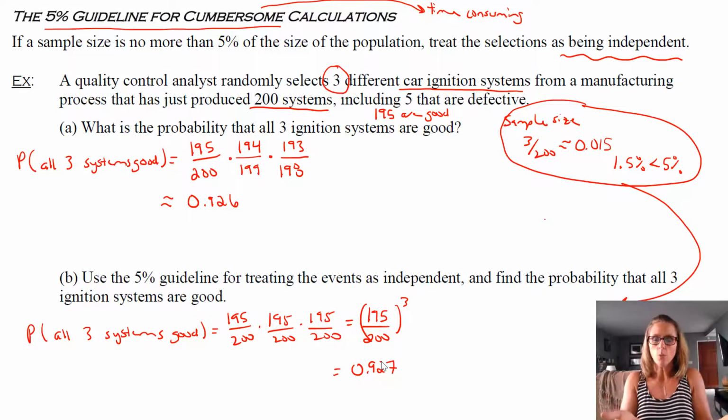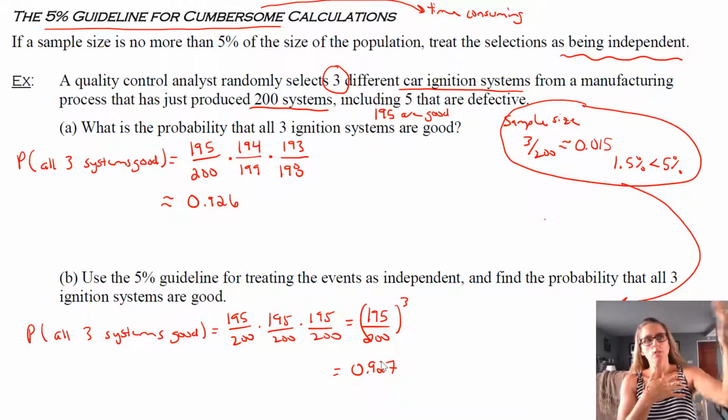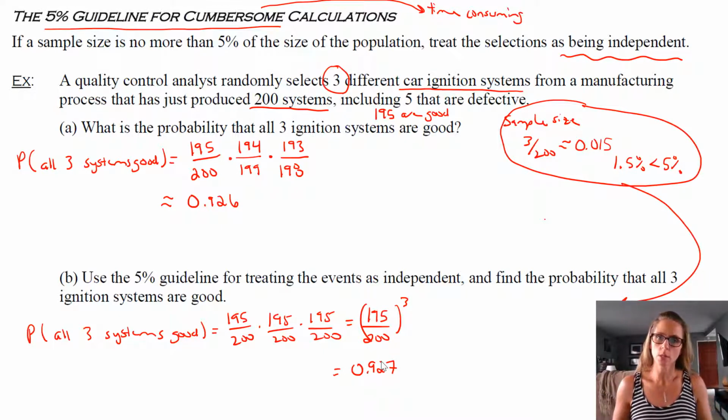But if we use B, we can still only have 1 fraction. We can just raise that first fraction to the 50th because every single fraction is going to be the same in a case like this. So that's why the cumbersome calculation rule can be very helpful, again, in certain situations. And that's section 4.2.